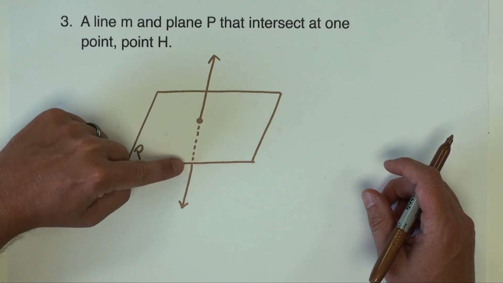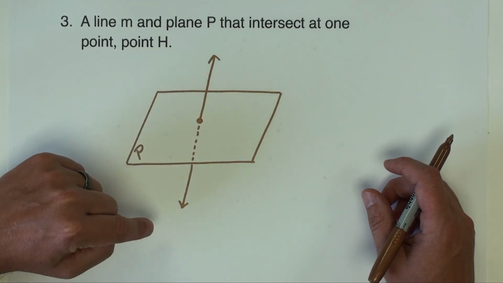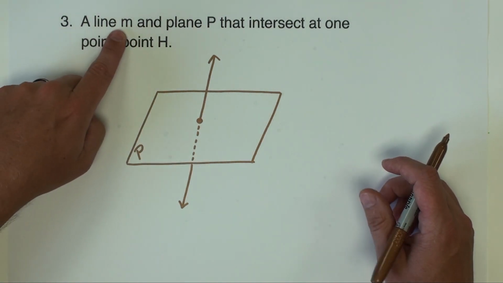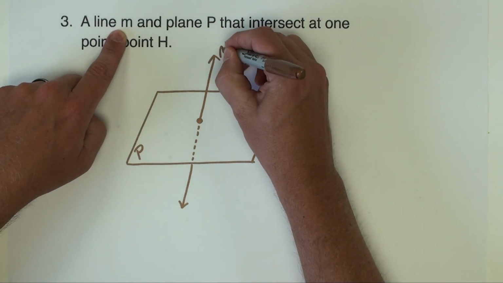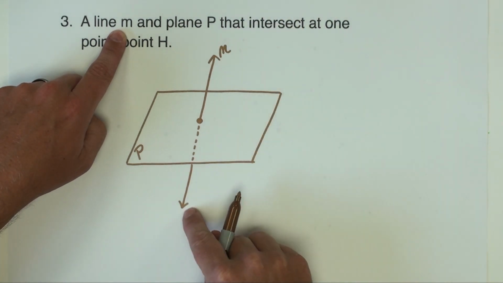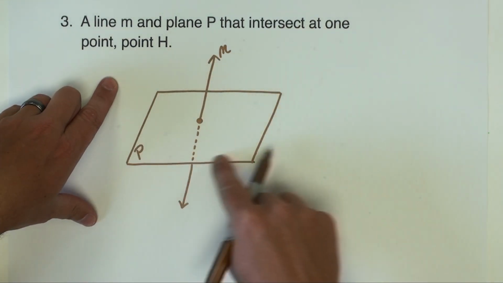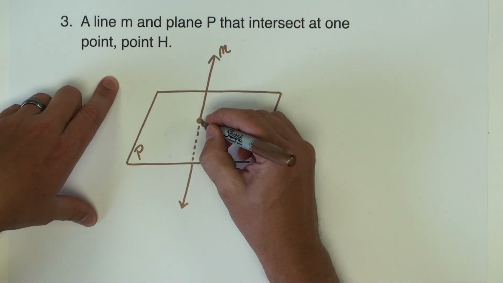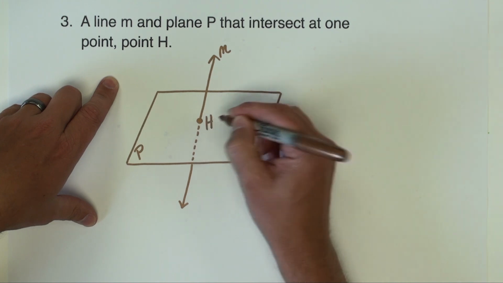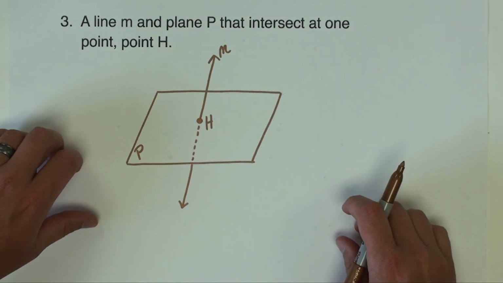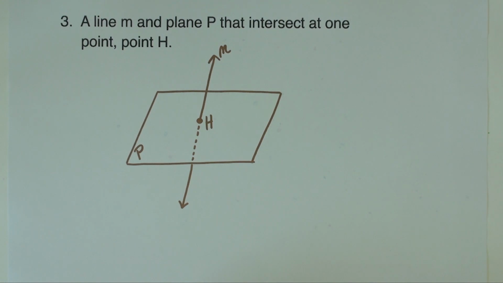It's on the other side or even the underside of that plane. Now that line is named M, so I need to put M on the end either here or here, it doesn't matter. And where this line intersects this plane, that point right here is point H. Okay, and that would be an appropriate sketch of that description.